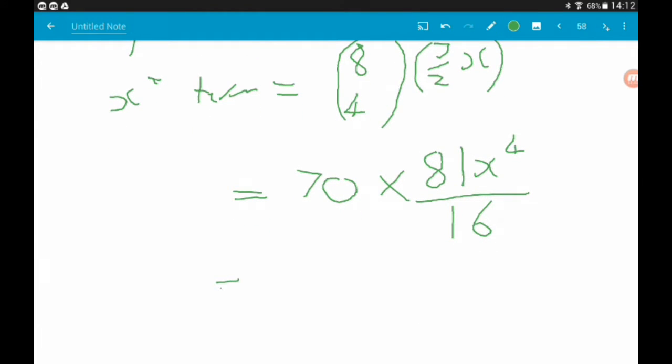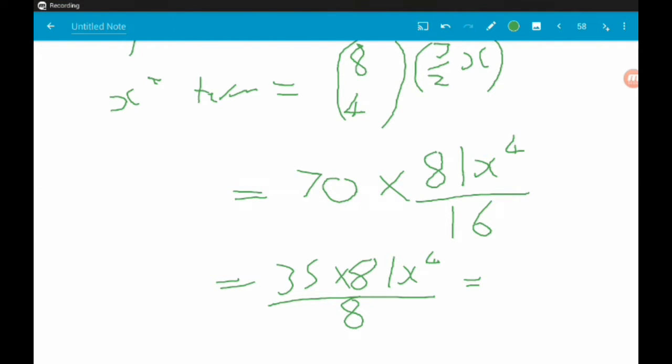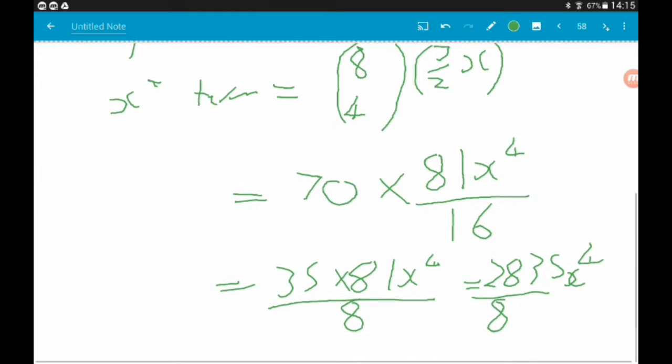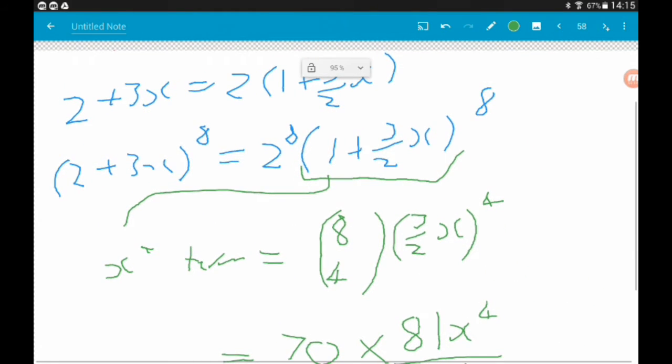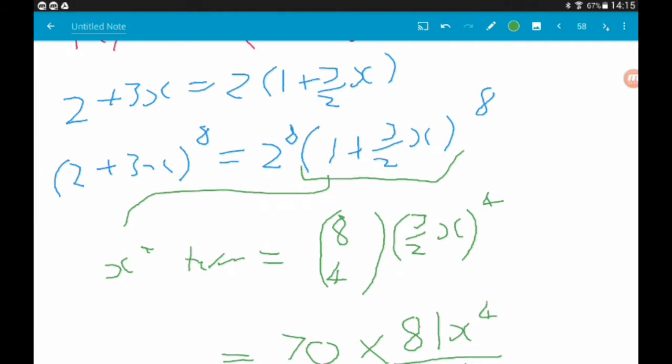So this goes down to 35 times 81 x to the 4 all over 8, which is 2,835 over 8, lots of x to the power of 4.